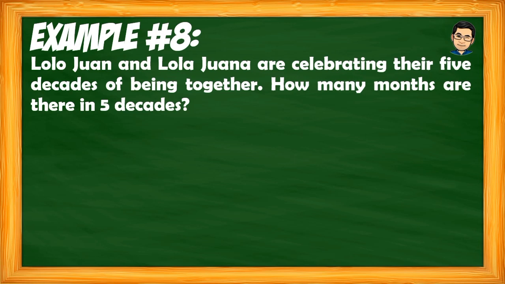So, kailangan po natin dito i-convert muna yung decades into years and then years to months. So, yung mga conversion factors na pwede po natin gamitin, 1 decade is equivalent to 10 years. And then, ano pa? 1 year, that is equivalent to 12 months.